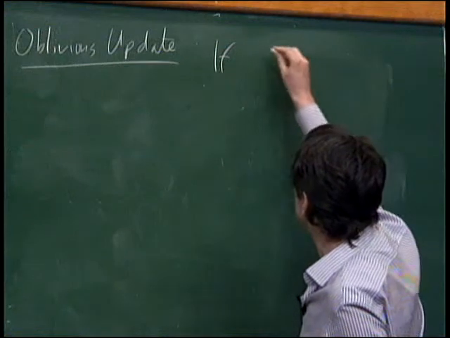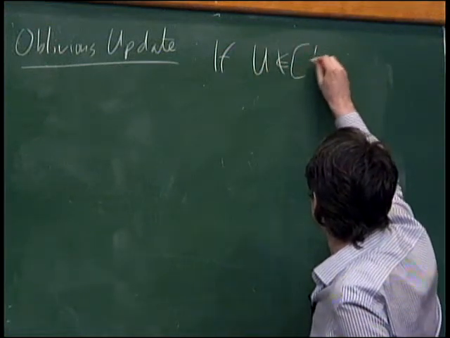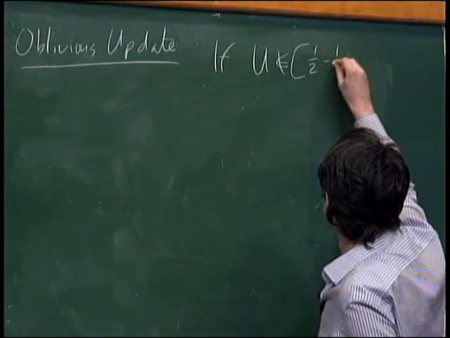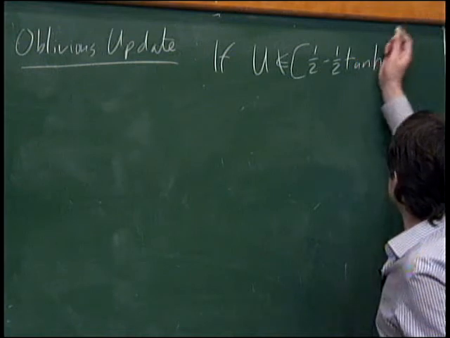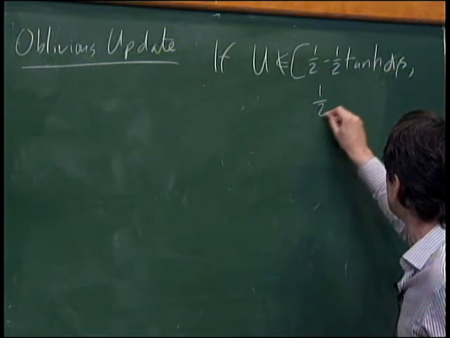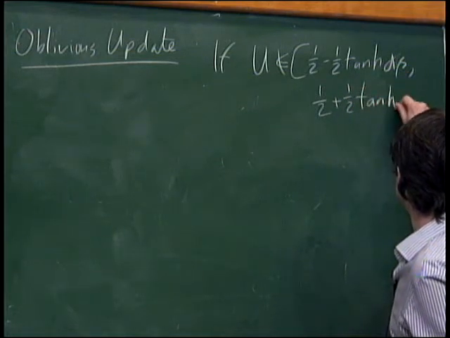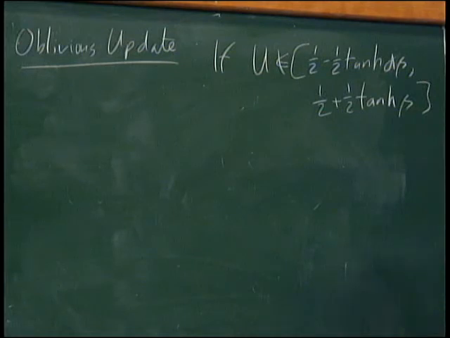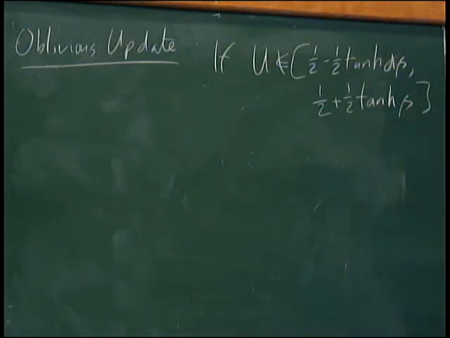If U is not an element, so if U is not in this window, what does that mean?